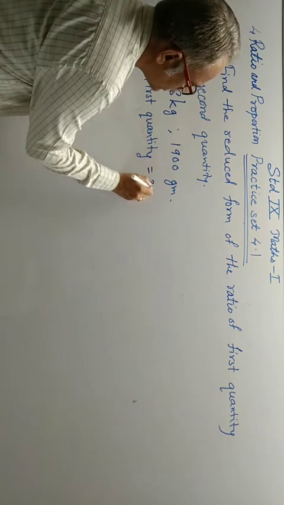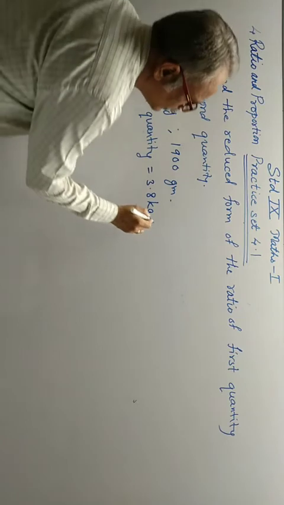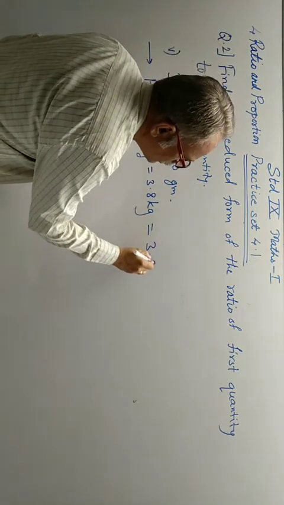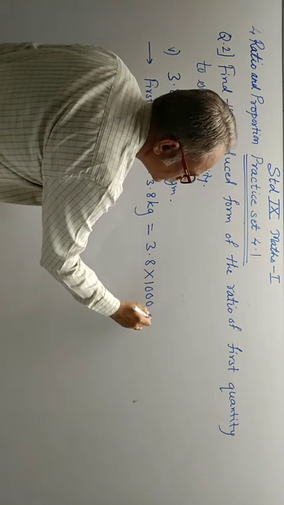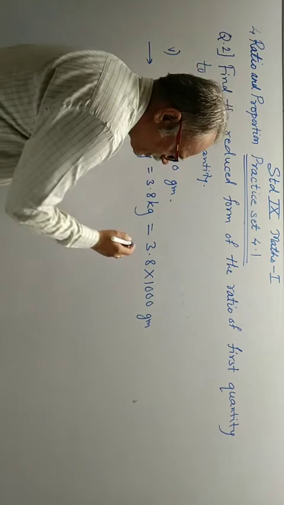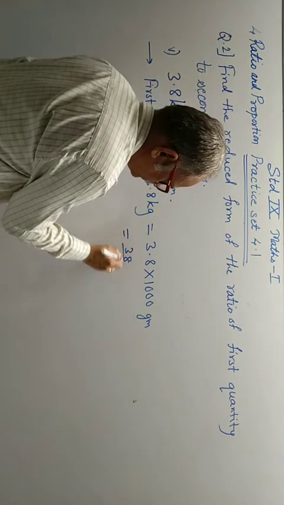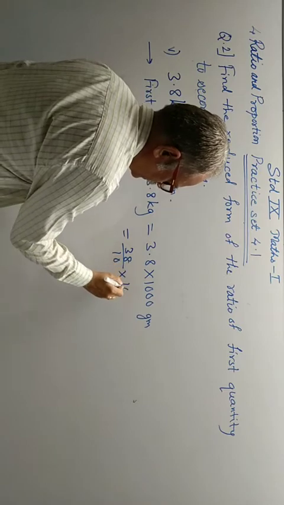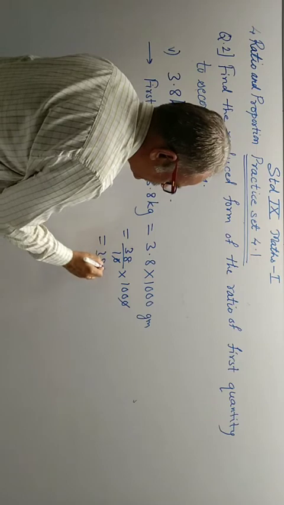First quantity is 3.8 kg, the second is in grams. So how to convert kg into gram? Multiply 3.8 by 1000, then kg gets converted into gram. 3.8 into 1000 means 38 by 10 into 1000, that is 3800 gram.